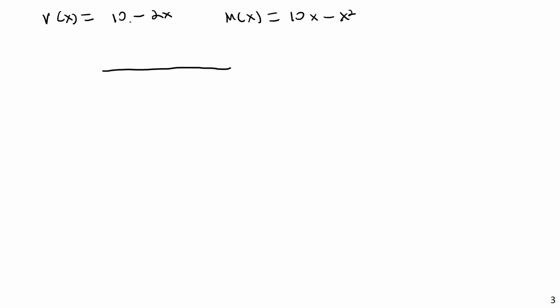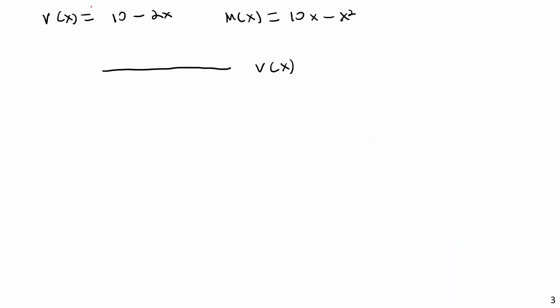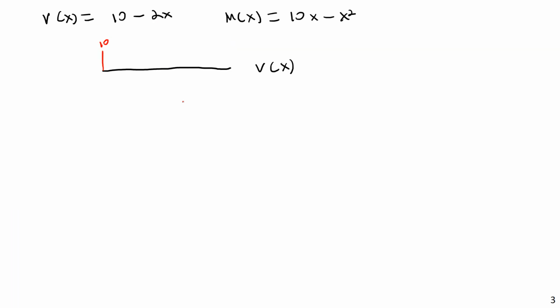Well, this is going to be a linear equation, and if I do V here, V is a function of x. If I put in 0, I'm going to get 10. And the beam is 10 feet long.